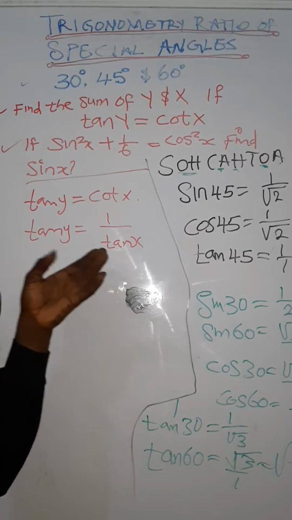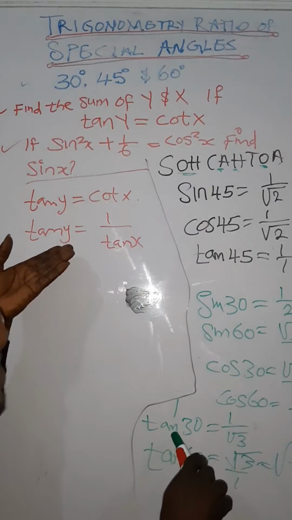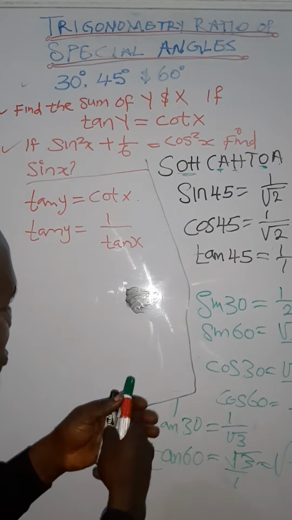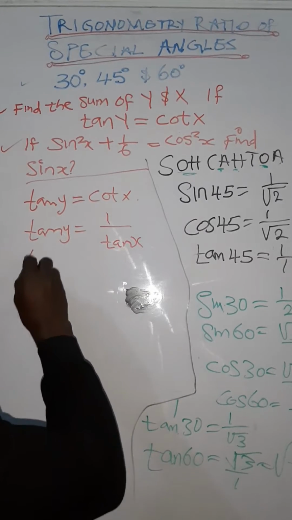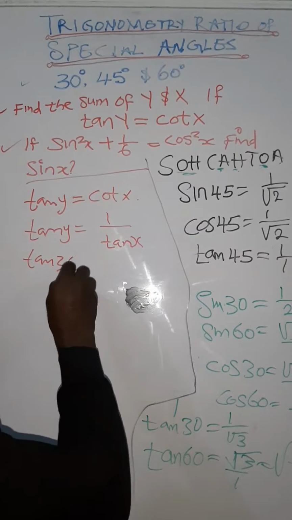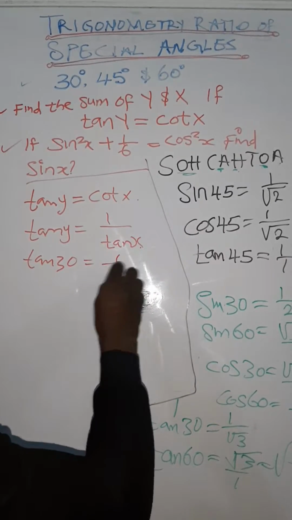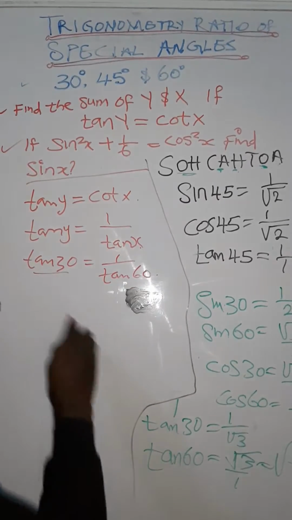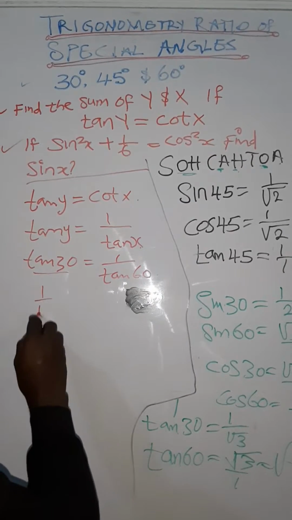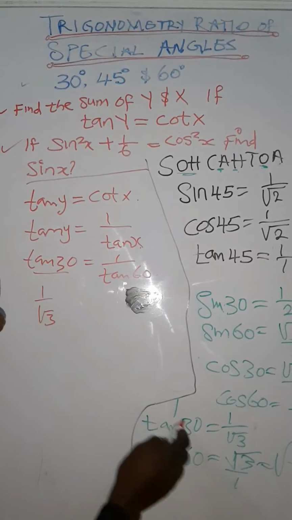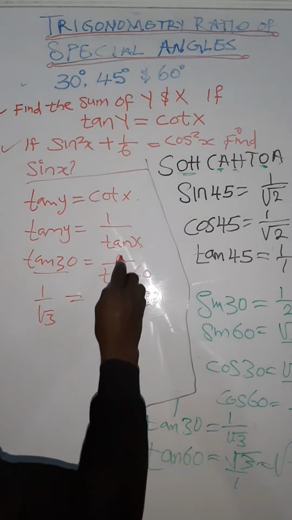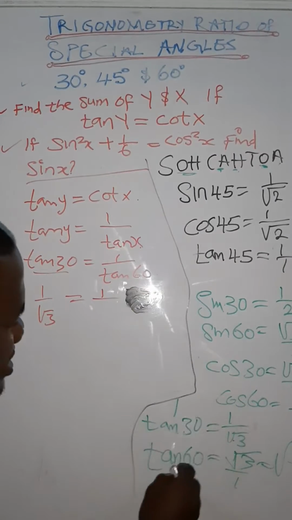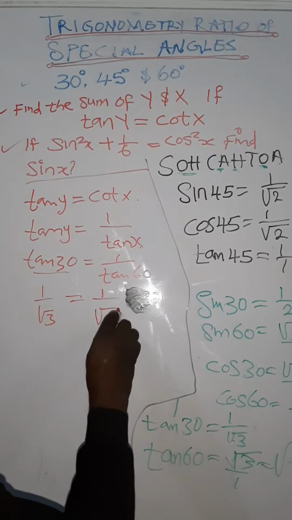You can now see that for y to be 30, tan 30, and x to be 60, 1 over tan 60. So this one gives me from special angles 1 over root 3, because tan 30 is 1 over root 3, equals 1 over tan 60, and tan 60 is root 3.